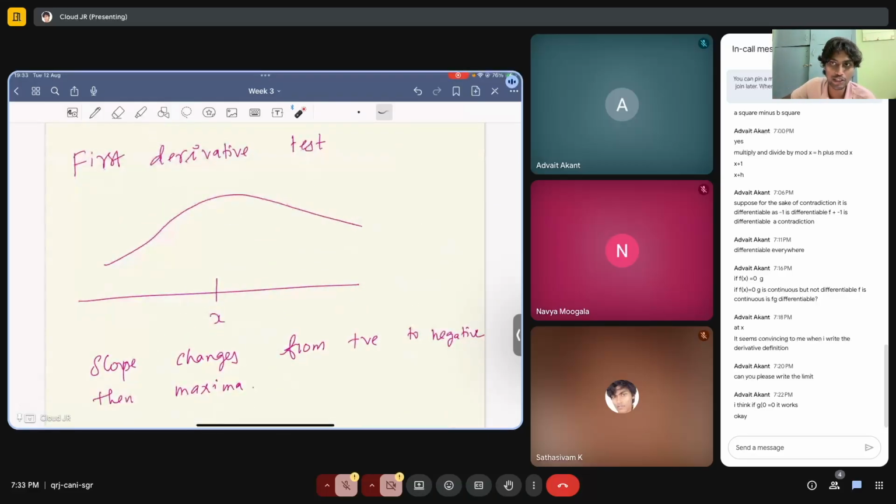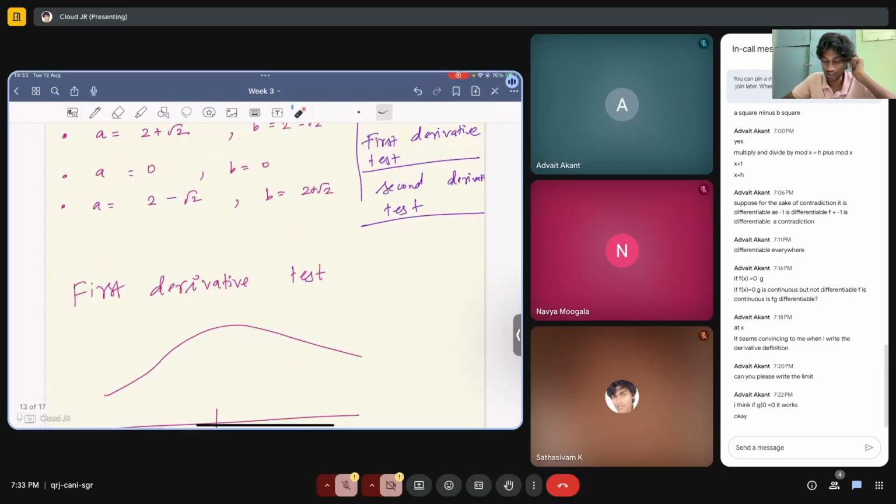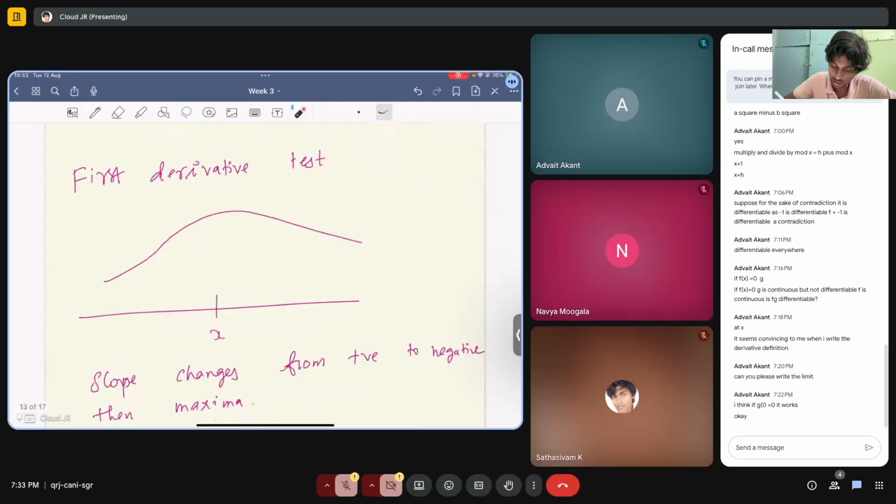So this is the first derivative test, what it is about, and you have the second derivative test, which goes like this. So how do you see the second derivative?